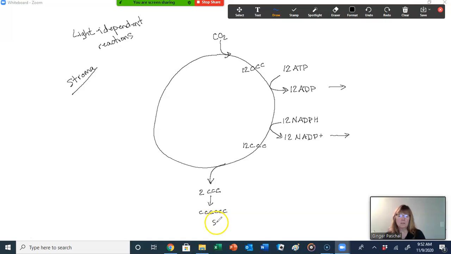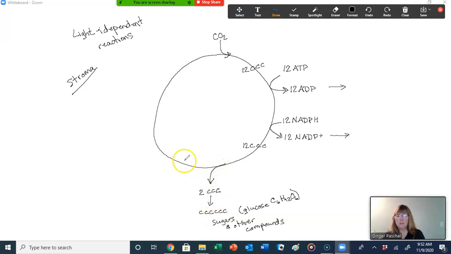And these are sugars and other compounds. The type of sugar that we're interested in making is called glucose. And you can see that we've got what we need now because we need 6 carbons, because it's C6H12O6. And that is enough to make that molecule.